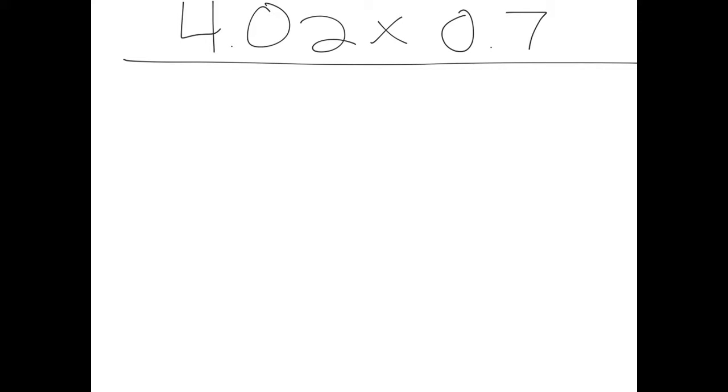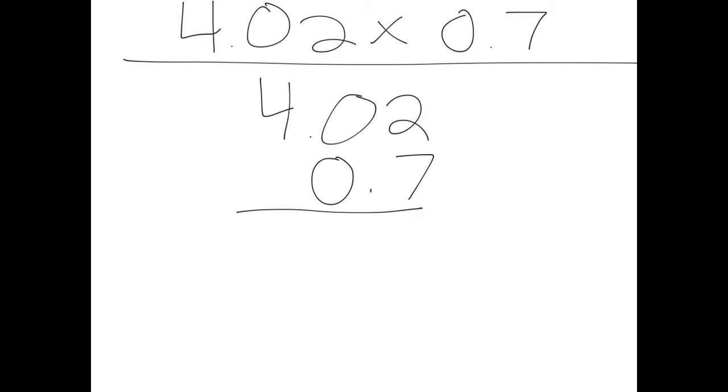This is how you would multiply decimals. So you would write out your problem, and you do not have to line up when you multiply decimals. So 2 times 7 is 14. Then 0 times 7 is 0, plus 1 is 1. And then 4 times 7 is 28.